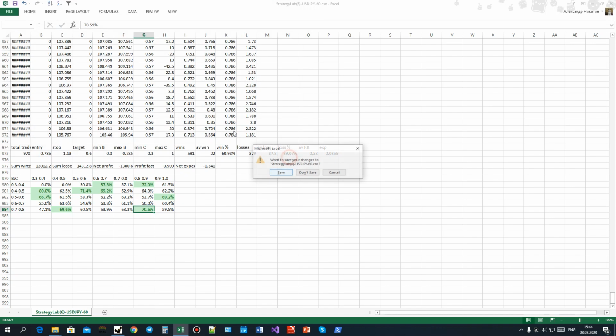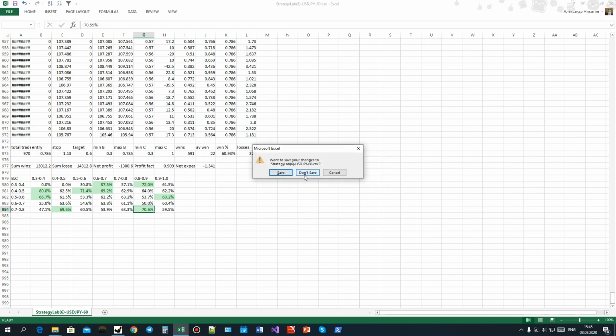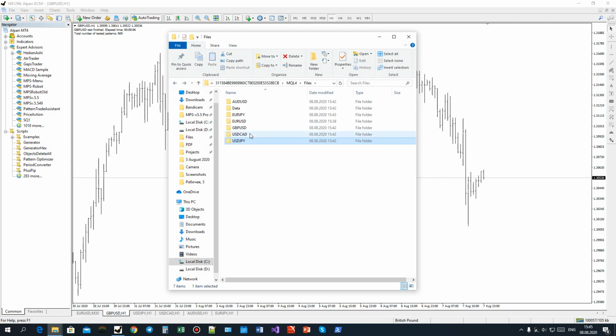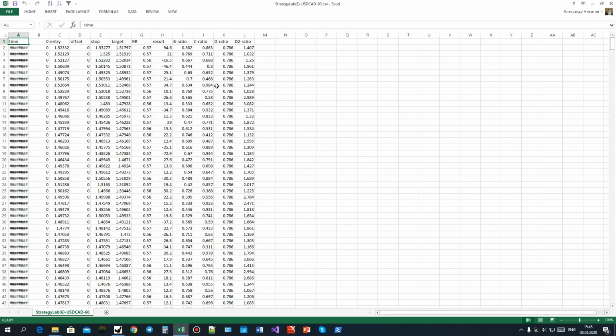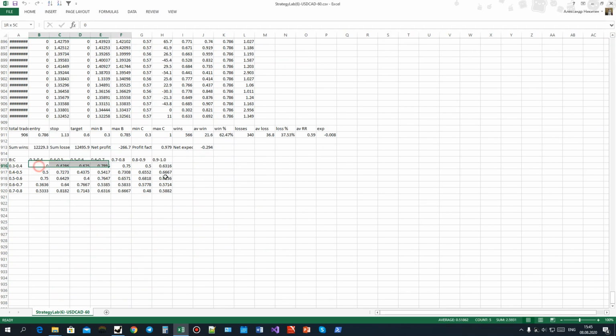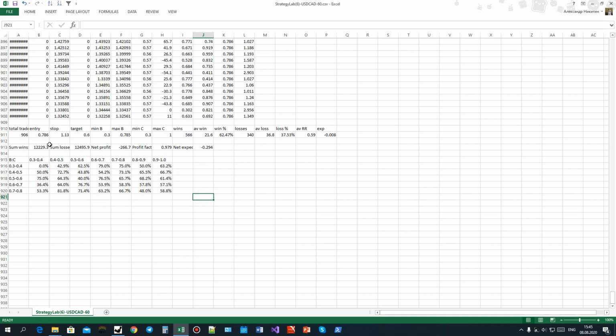Oh, it is saved into a different pattern. Cancel that. Yes, save this. And then I don't save that. What is next? Dollar Canadian 1 hour. USD Canadian 1 hour. Okay, so we go to the bottom. We turn that into percentages.